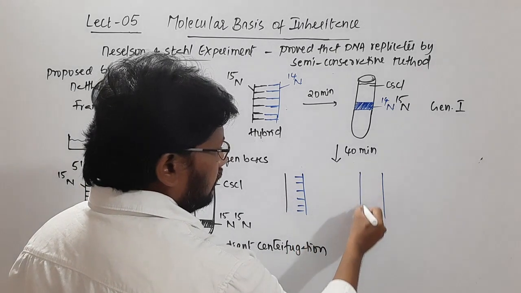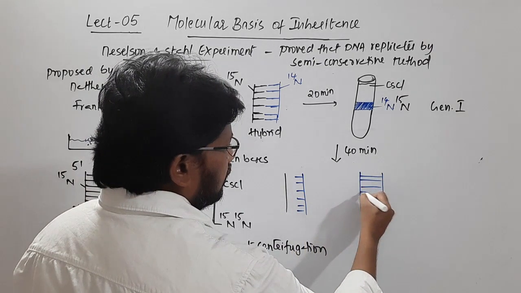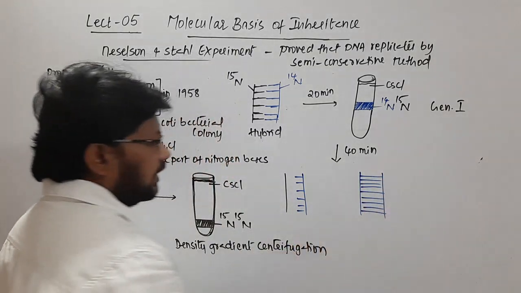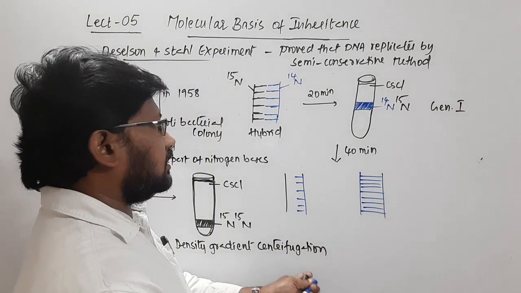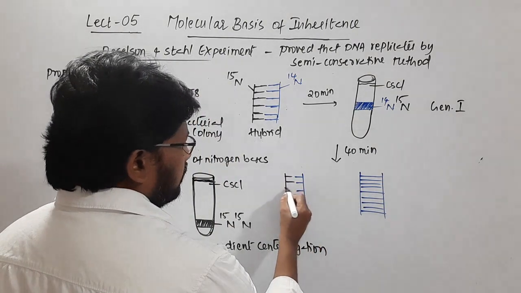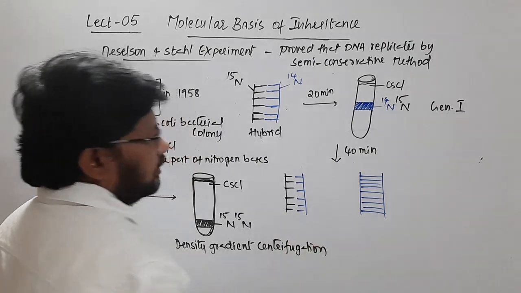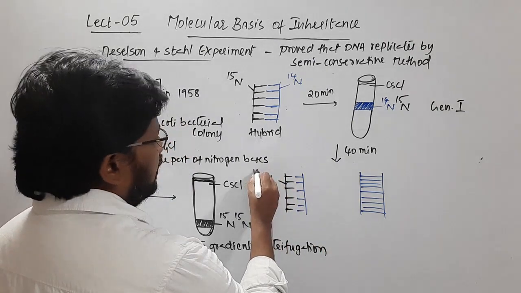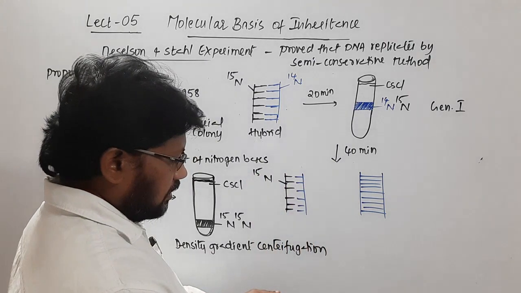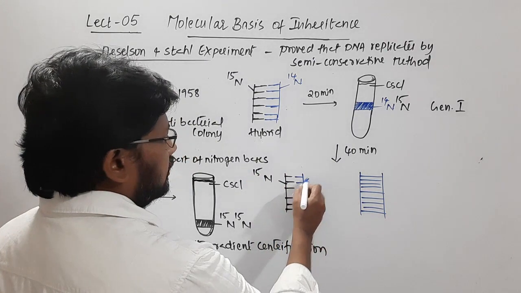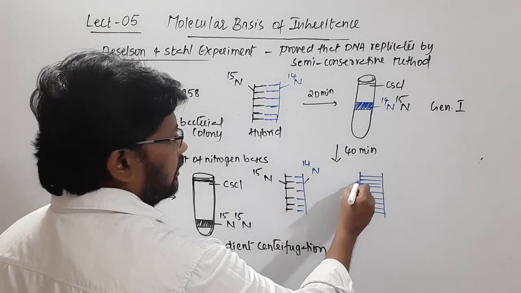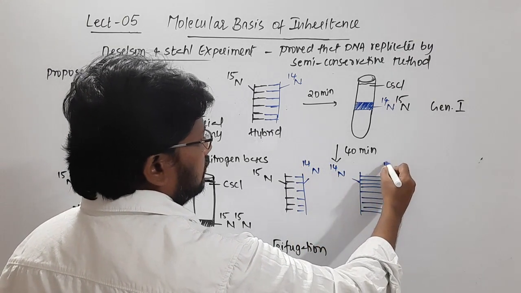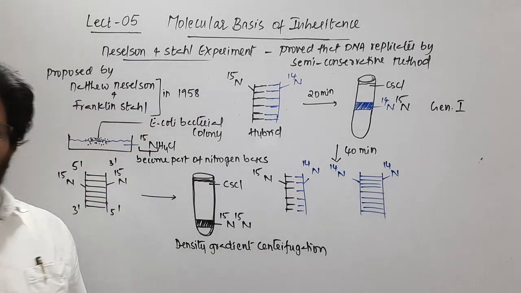So here, one already parental strand and one newly synthesized strand. So this will be N15 and this is N14. This is also N14. This is also N14.